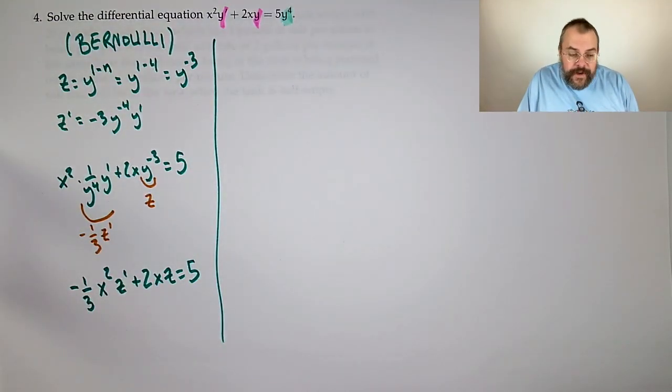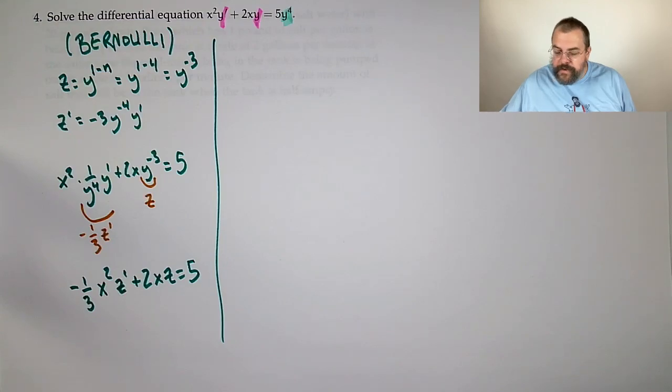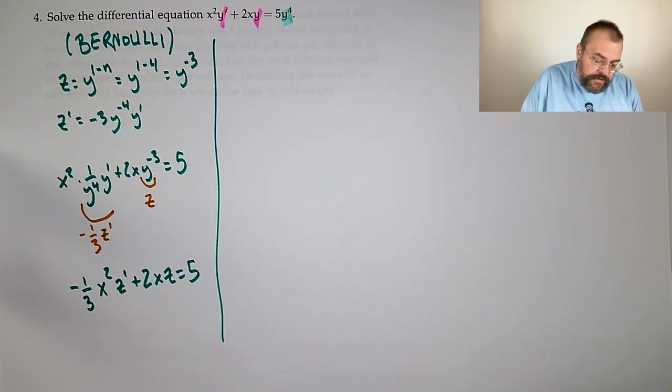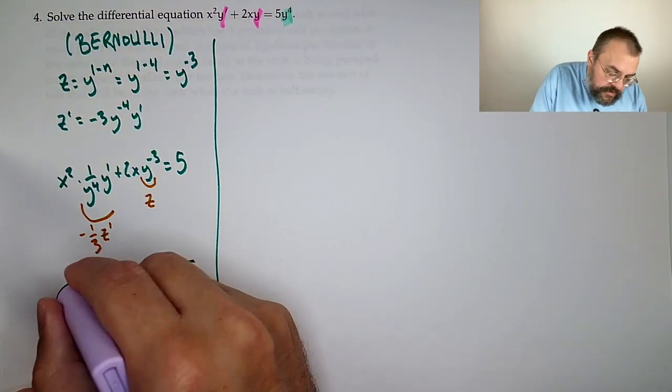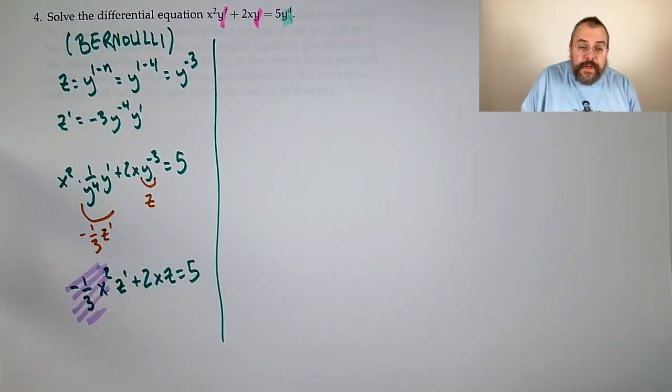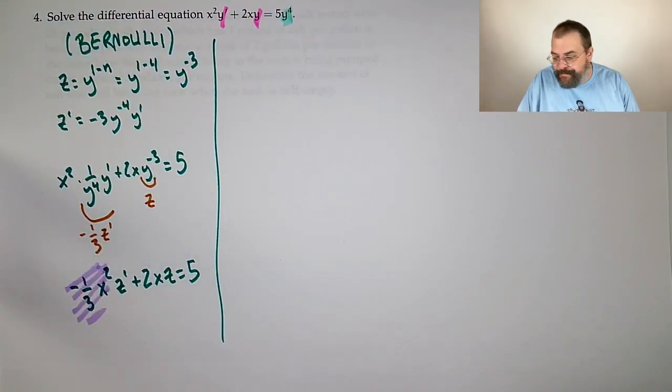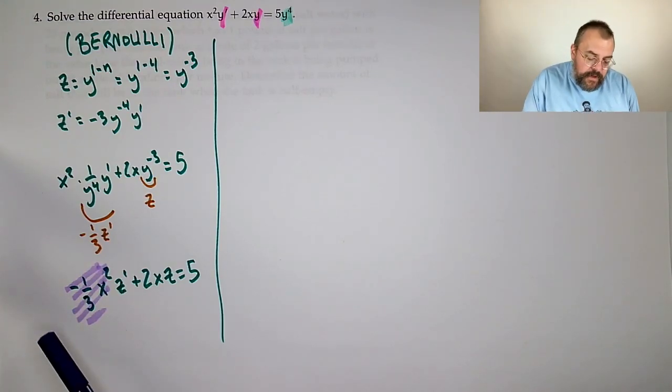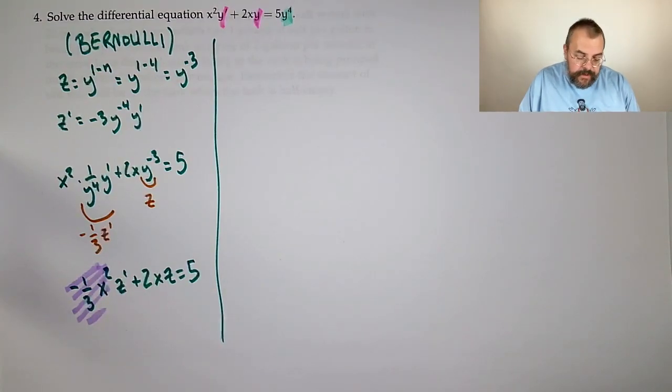Now we have to solve. When we're solving a linear first order, in front of our derivative term we really want a 1. It's not a 1 yet, so we have to make it a 1. That's not so bad. We'll multiply by -3 and divide by x squared.